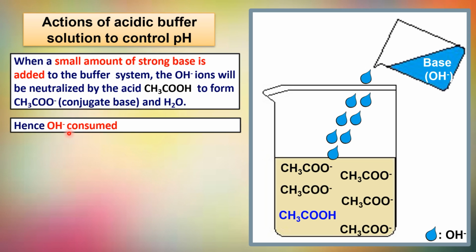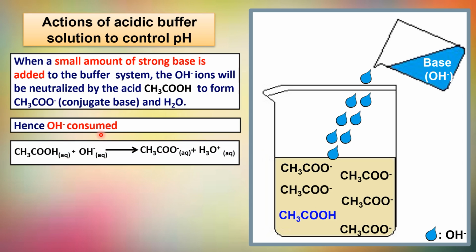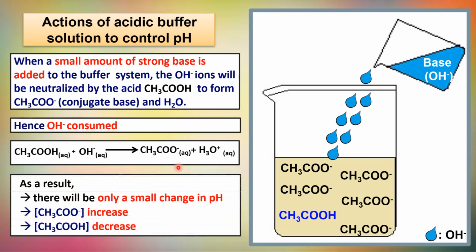Hence the OH minus added is 100% consumed, and it will form more conjugate base. As a result, there will be only a small change in pH, and the concentration of conjugate base will increase, whereas the concentration of weak acid will decrease, since the added OH minus reacts with the weak acid.